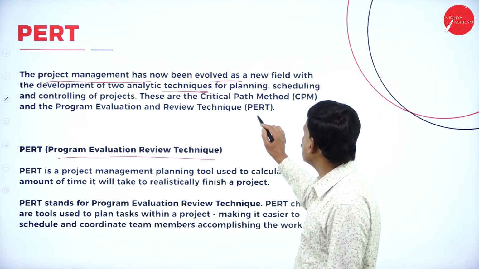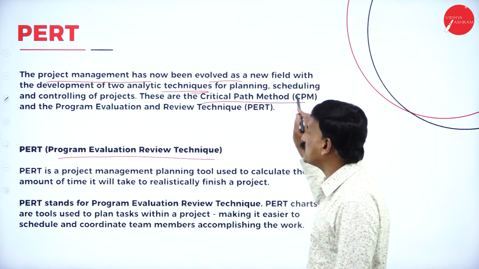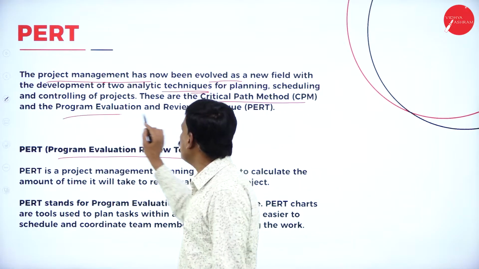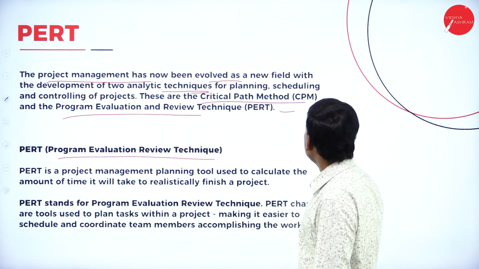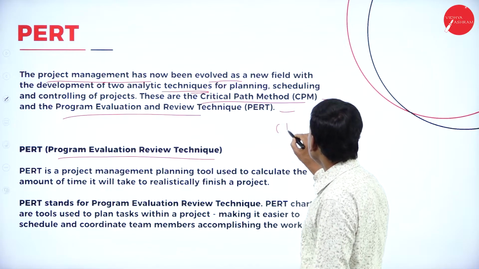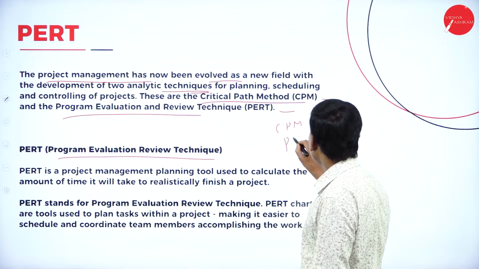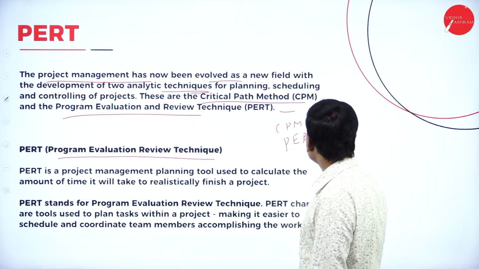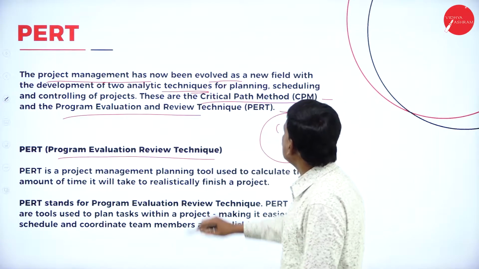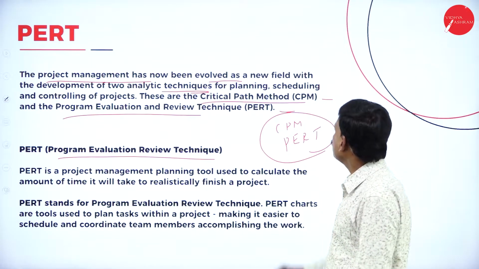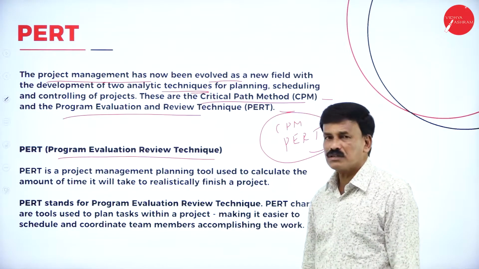These two techniques are the Critical Path Method, CPM, and the Program Evaluation and Review Technique, PERT. These are two important techniques developed for planning, scheduling and controlling of the project.